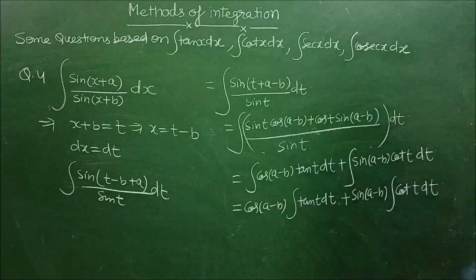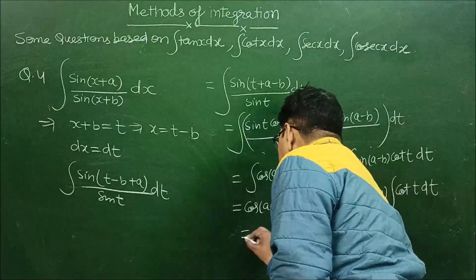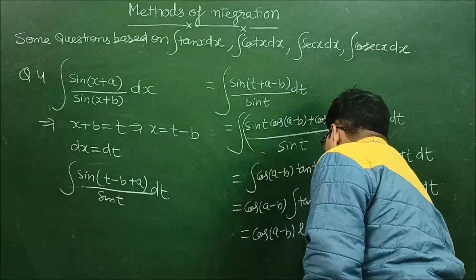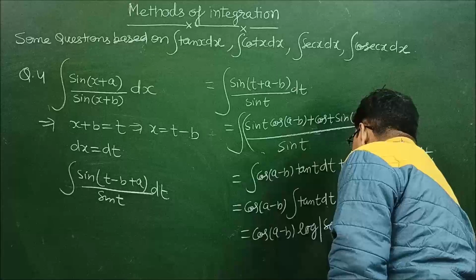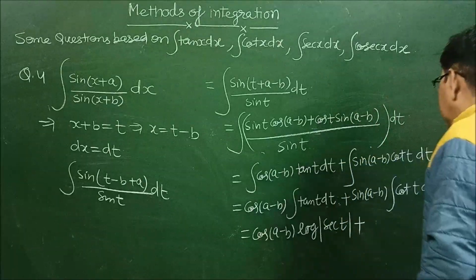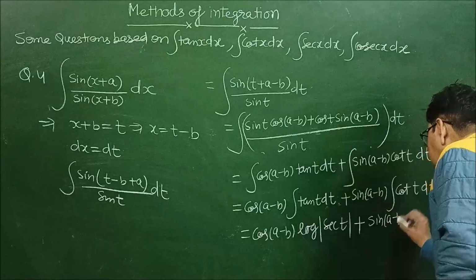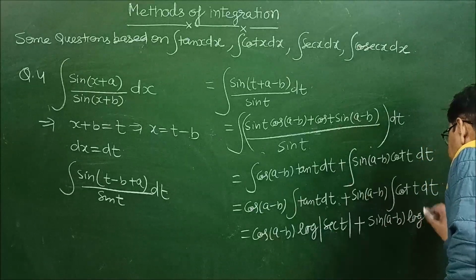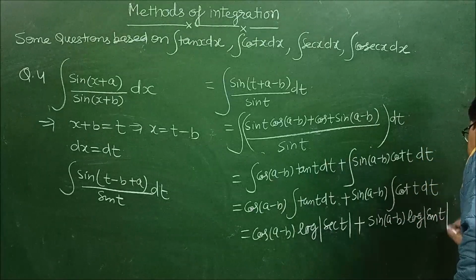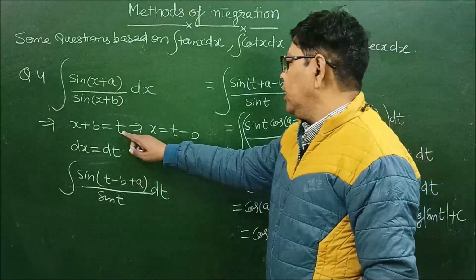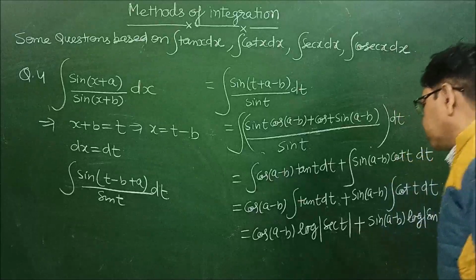Now integration of tan t is log sec t, so I can write cos of a minus b log mod sec t plus sin of a minus b log mod sin t plus c. Now the value of t, which is equal to x plus b, can be substituted here.